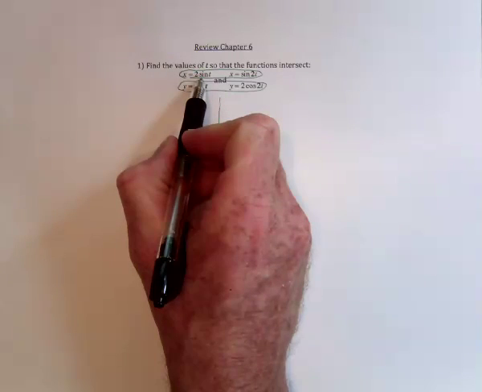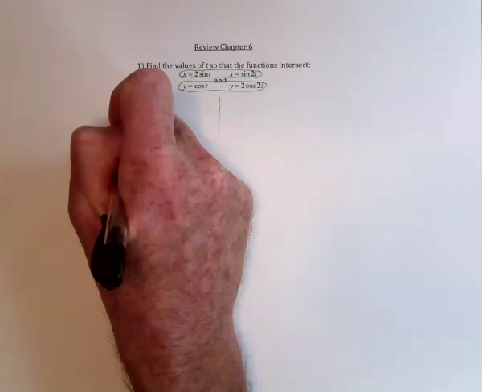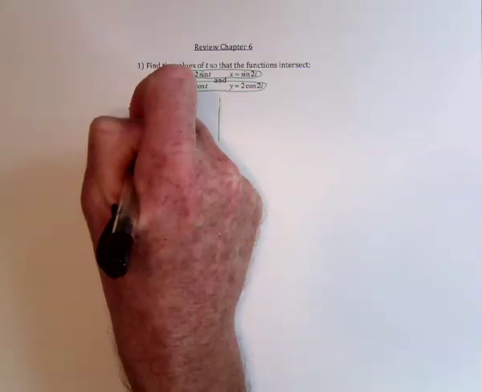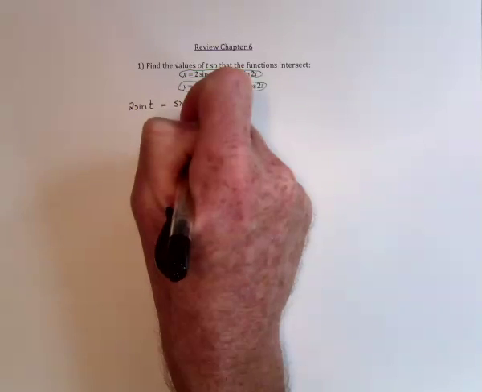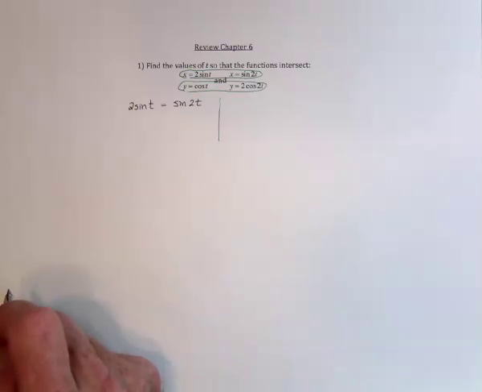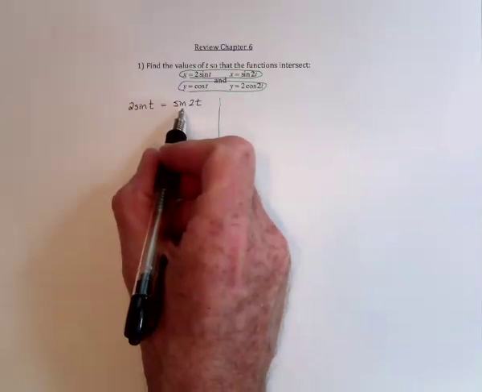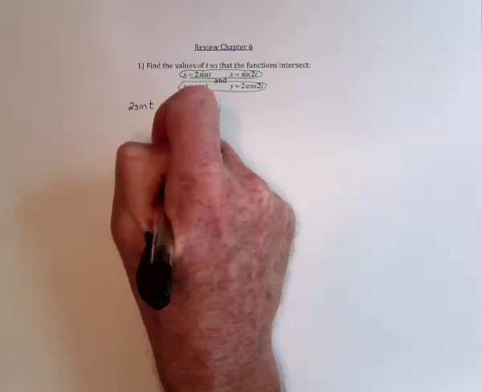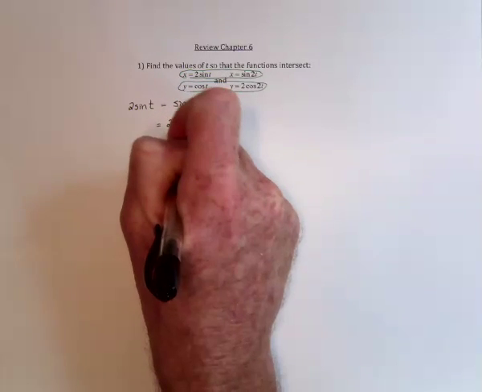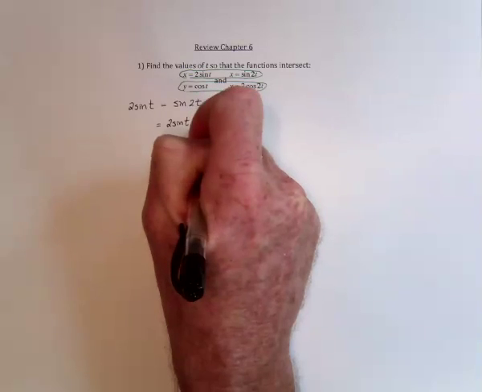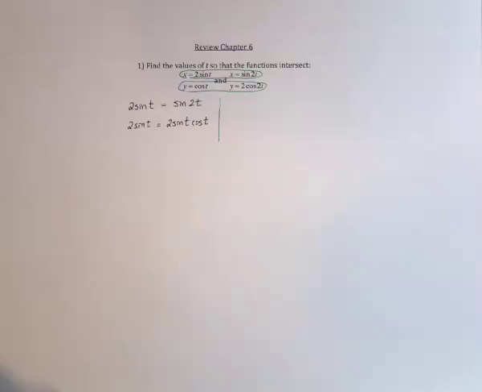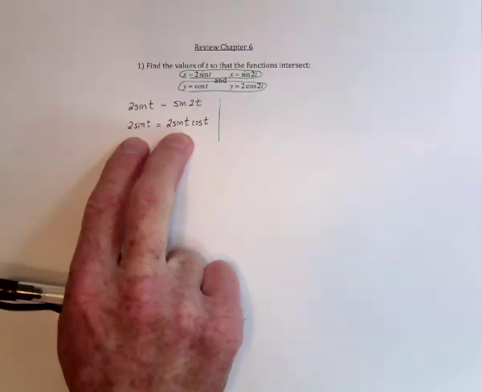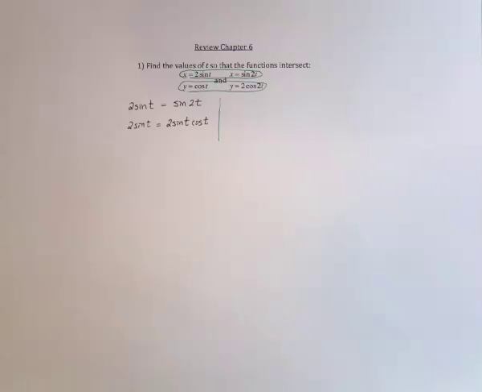One is, when does that equal that? So 2 sine of t equals sine of 2t. Right off the bat, we need the identity for sine of 2t, which is 2 sine of t cosine of t. And then it's tempting to divide out the sine of t, but if anything has a variable in it, you should not divide it out.